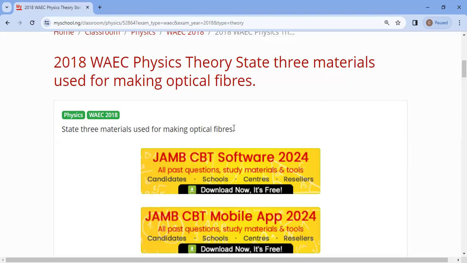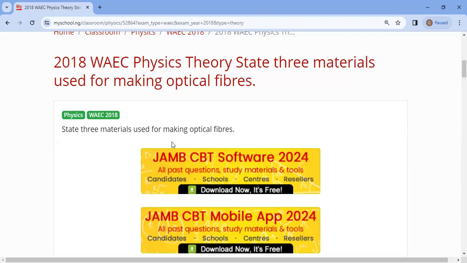Then number 3, optical fibers have greater bandwidth. Bandwidth, B-A-N-D, W-I-D-T-H.